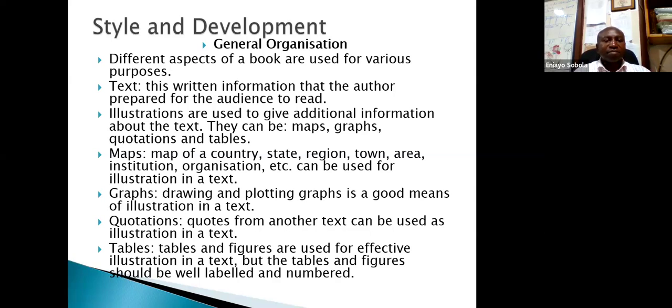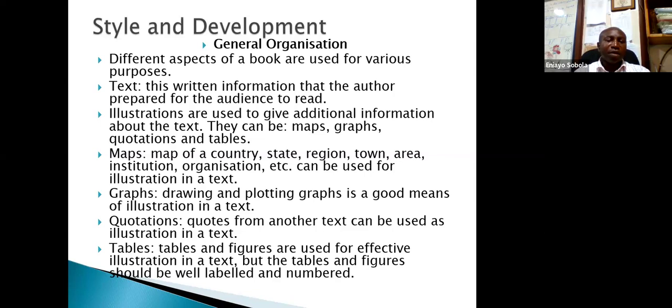Beside maps, we can also use graphs. Graph has to do with drawing and plotting. So if the graph will help us out, we can employ graph and plotting of graph as a means of illustration, like some of you did during your O-level in mathematics or geography.